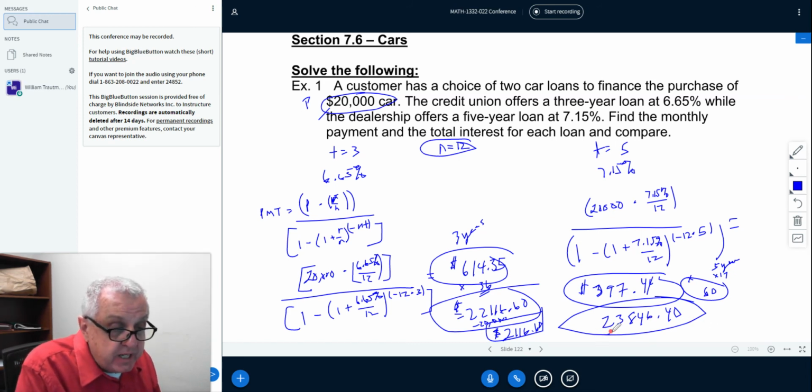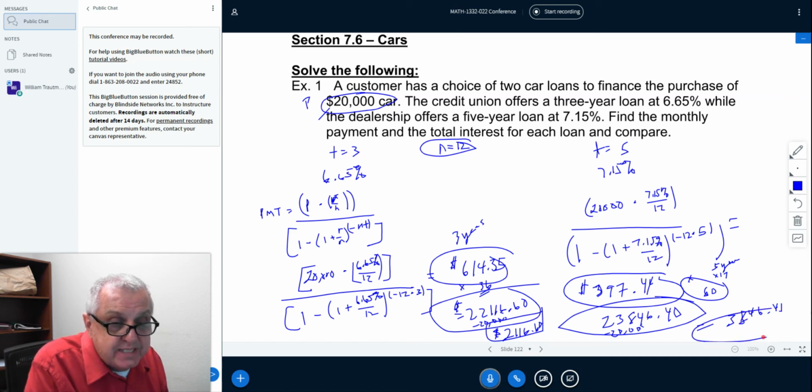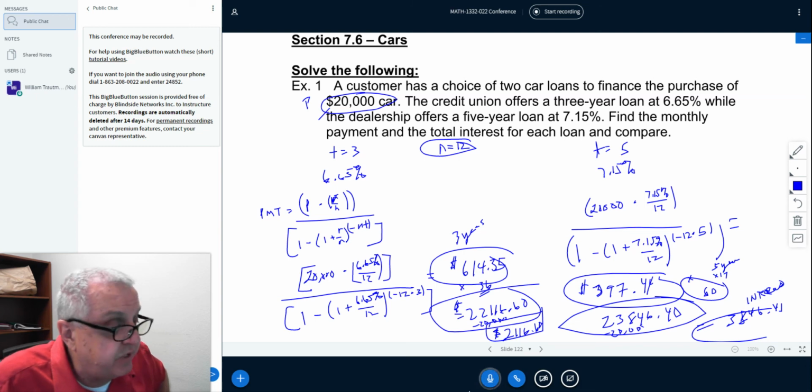Here, if I subtract $20,000, I paid $3,846.40 extra. Do you see? This is the interest. That's the amount above the car loan that I'm paying this company to borrow their money.